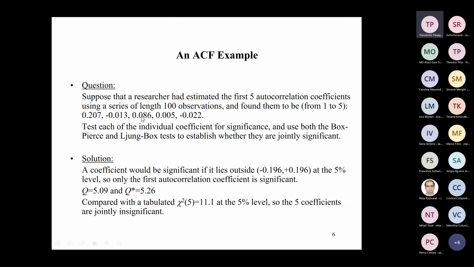Now, let's see an example of an autocorrelation function. Let's assume that the first 5 autocorrelation coefficients are tau 1, the first one, then the second, the third, the fourth, and the fifth. The confidence interval is this one.